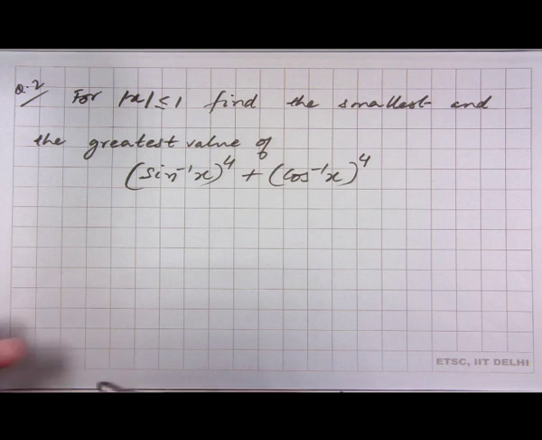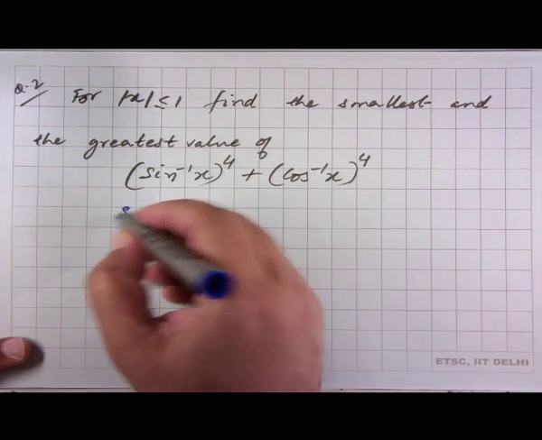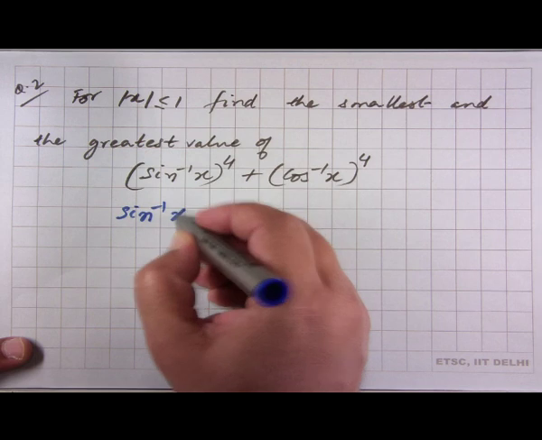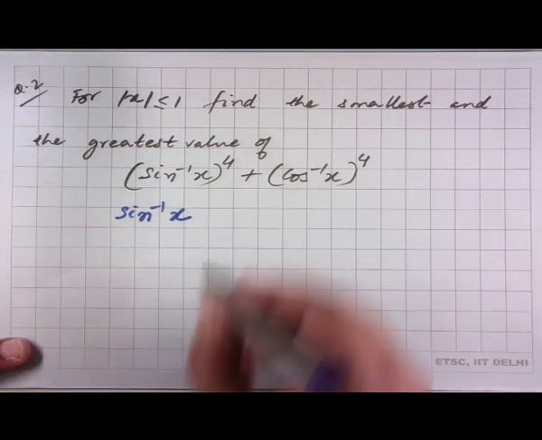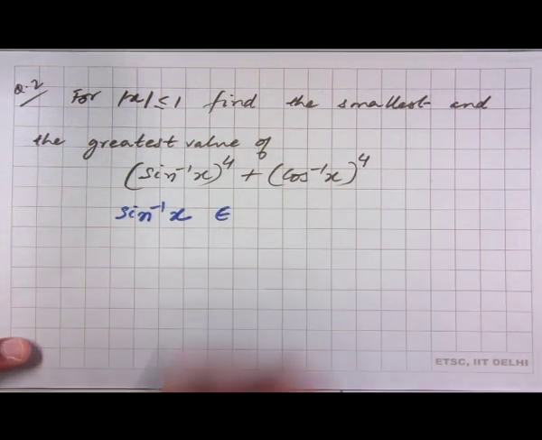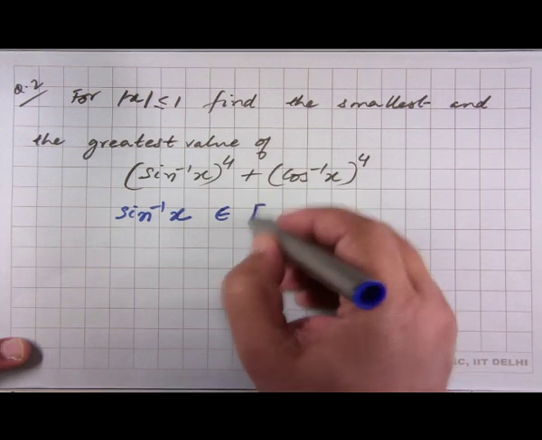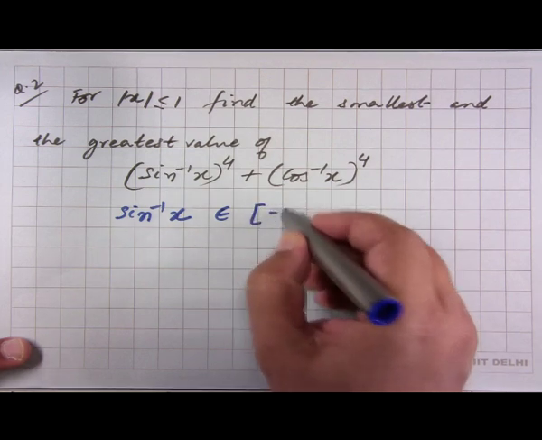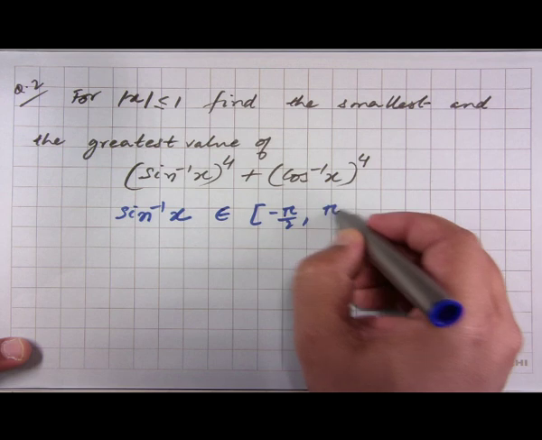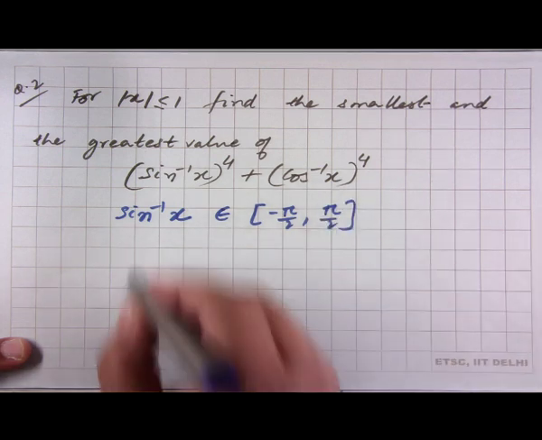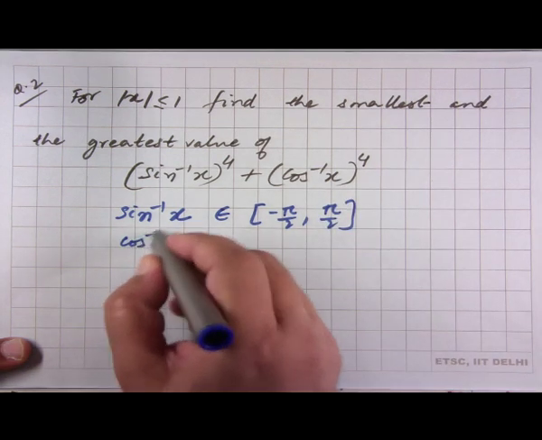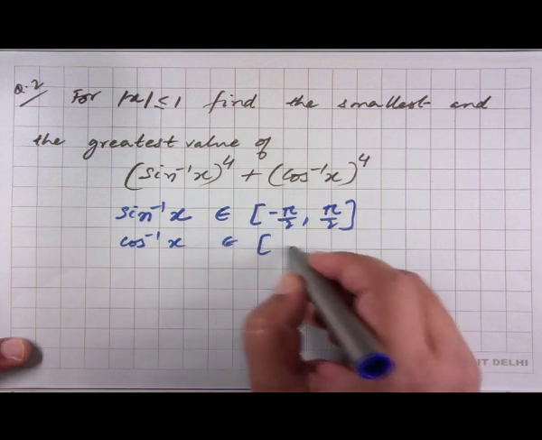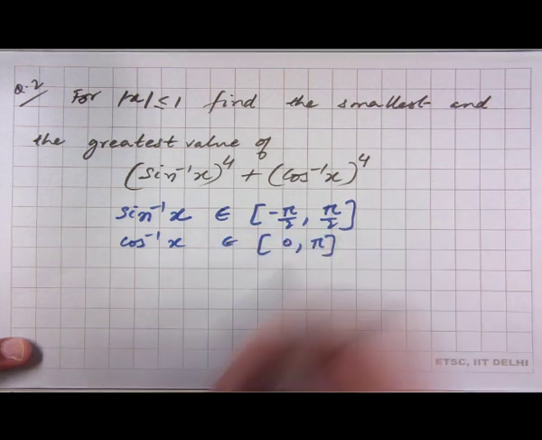Now we know that sin inverse x has a range from minus pi by 2 to plus pi by 2. Cos inverse x belongs to the interval 0 to pi.